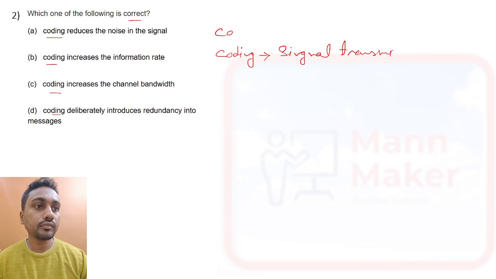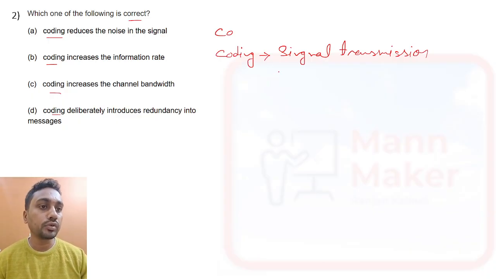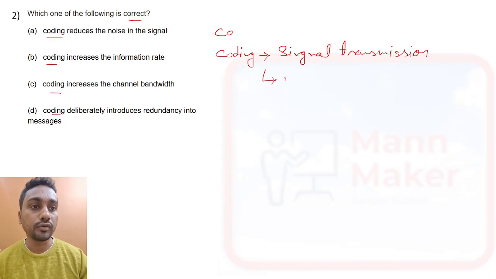While transmitting the signal some error will come. So to detect the error and for correction, we are using coding.